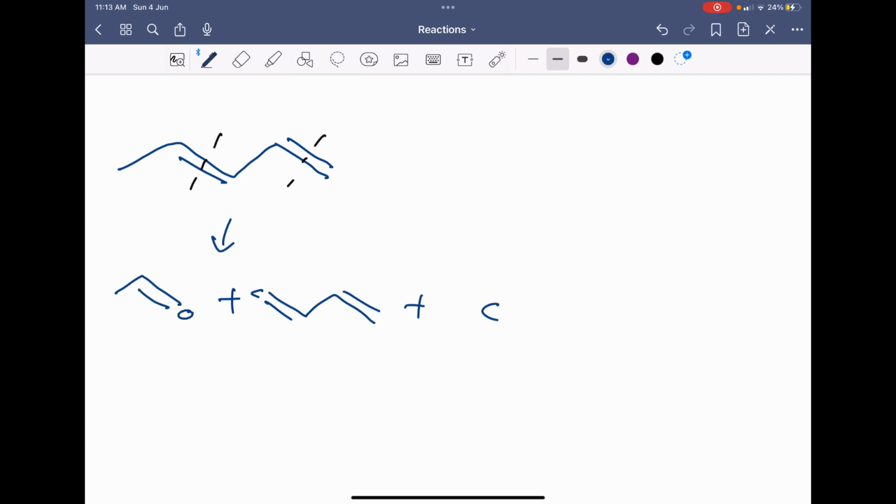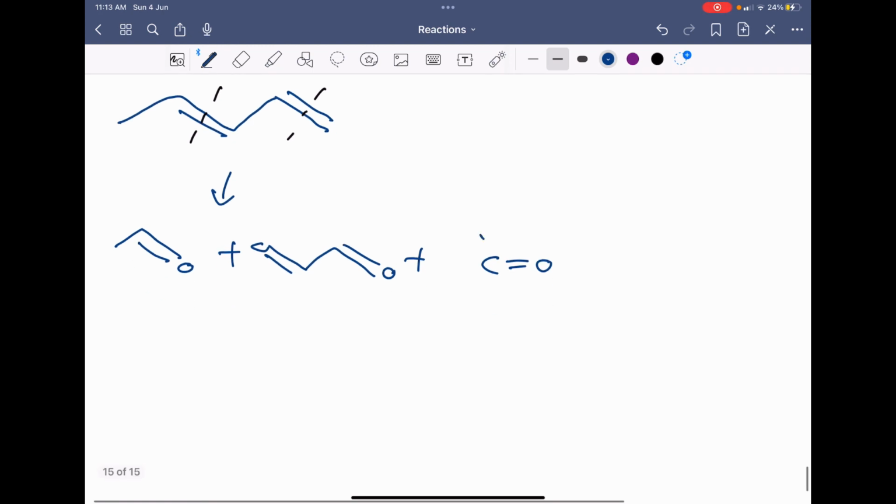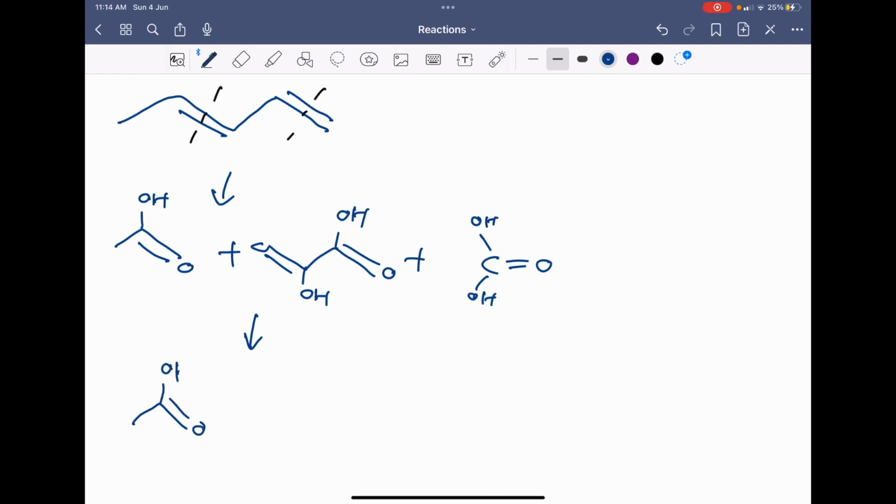And then you add an O to each end. And because the C is =O, and then you know the C is bonded, so you add an OH. And then you continue it down to see if there's any further reactions. So for this one, you have no further reaction. So your final product would just be like this.